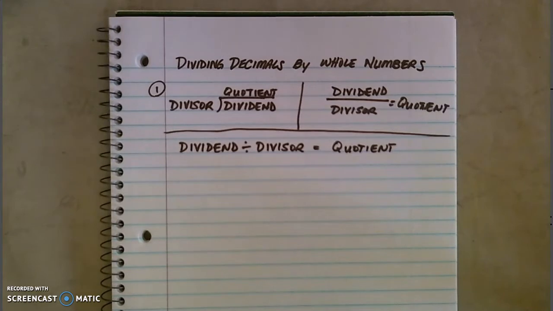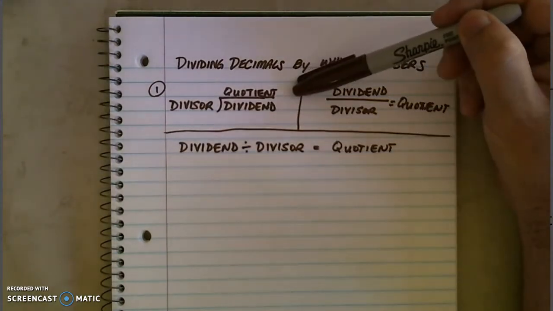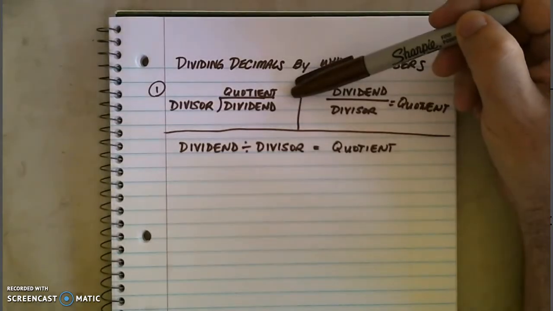When we start division, we're going to start by reviewing the parts of a division problem and how they look. Division is unique in the fact that it can be represented three different ways. The first way is the one that you're most familiar with, probably, and that is as a long division problem.